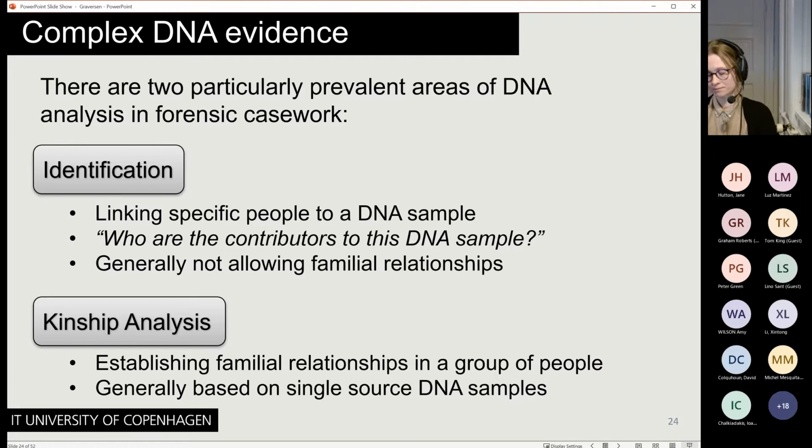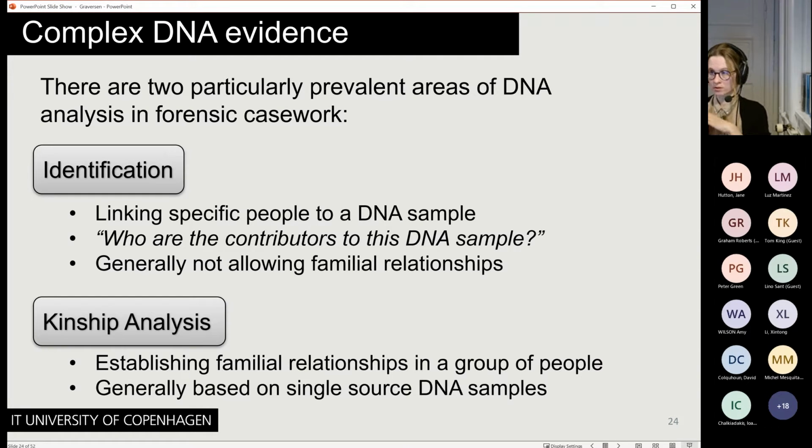And there's the other prevalent area, which is kinship analysis. That is from another perspective, which is inferring or establishing familial relationships among a group of persons. And these are typically based on single source DNA samples.